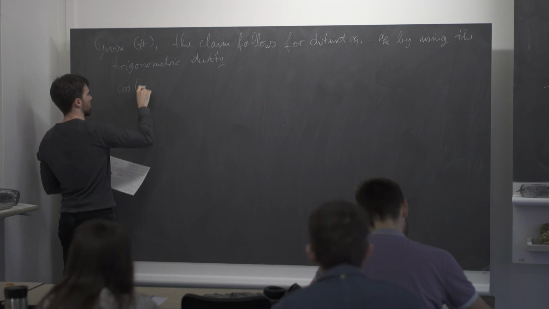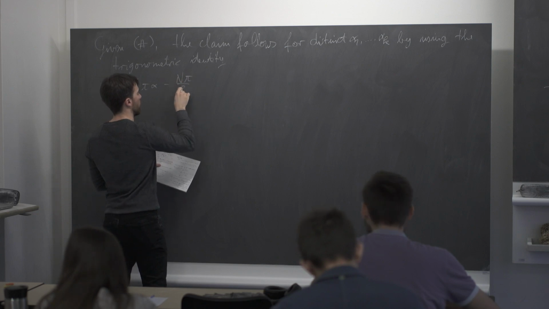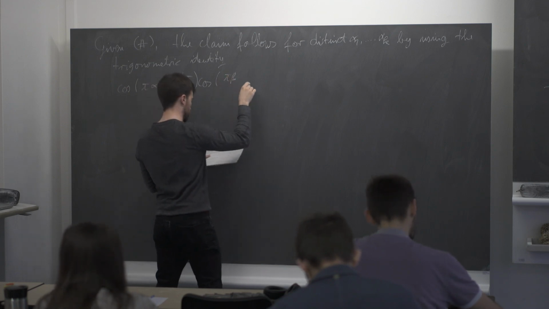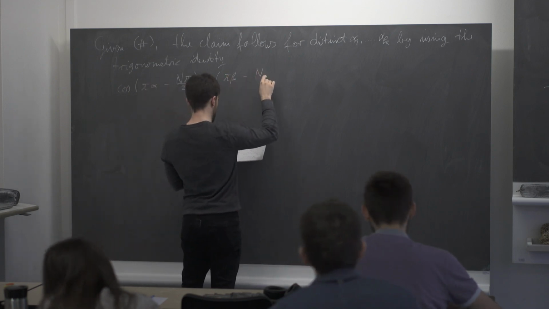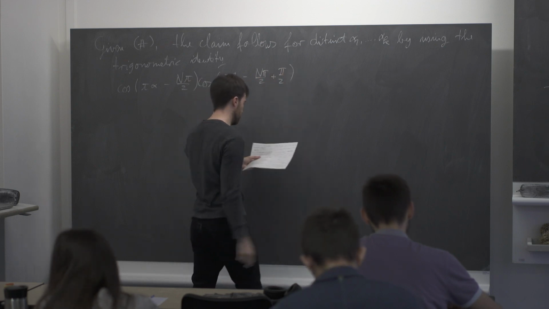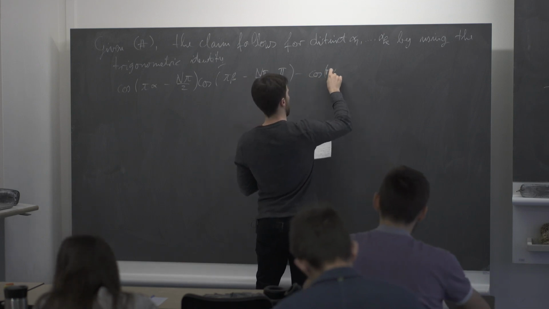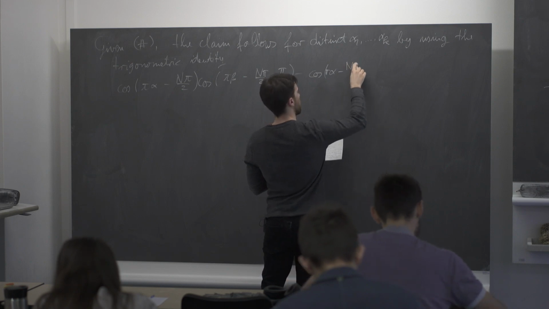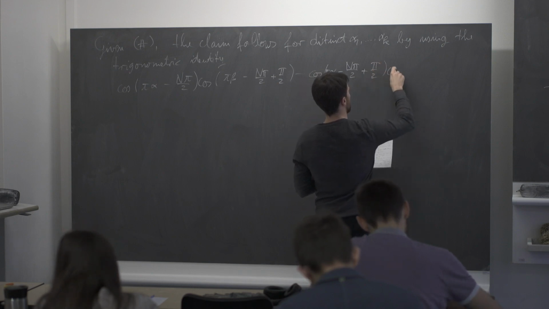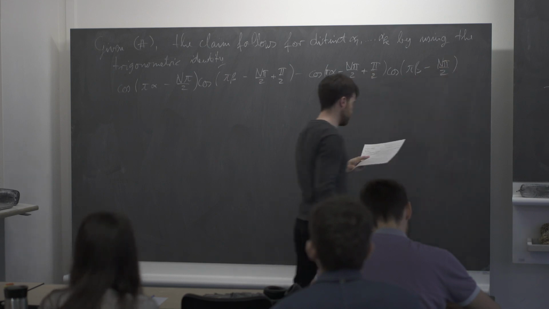So cosine pi alpha minus capital N pi over 2 times cosine pi beta minus n pi over 2 plus pi over 2, minus cosine pi alpha minus n pi over 2 plus pi over 2 times cosine pi beta minus n pi over 2.